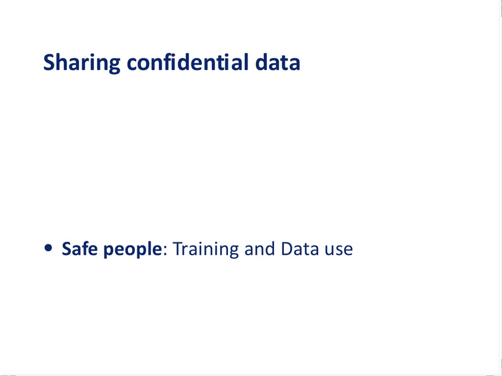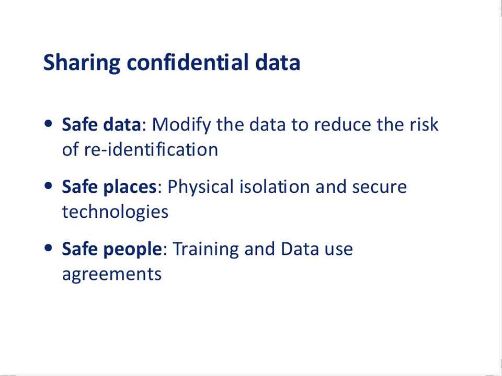There's a page on our site that discusses some of the steps we take. That includes safe data, safe places, and safe people. So safe data, modifying the data to reduce the risk of re-identification.